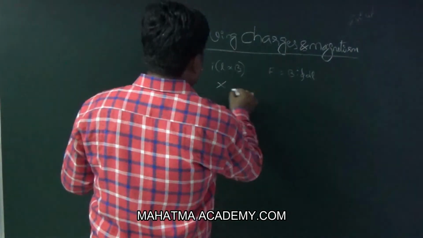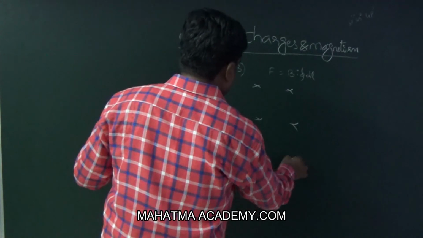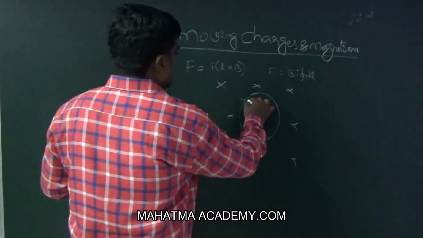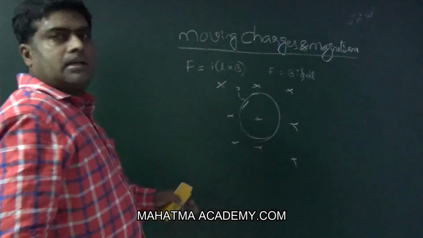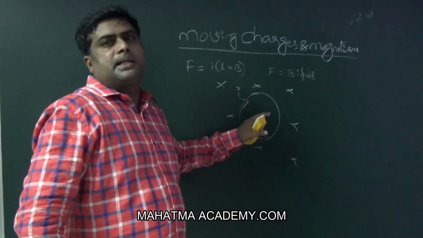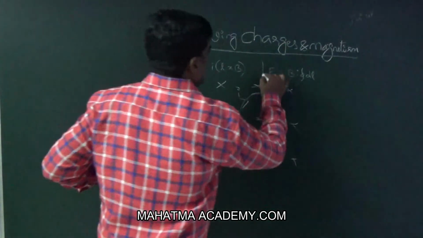Now suppose a current carrying loop is kept in a uniform magnetic field. How much force is experienced by this loop? We can find it using this formula.